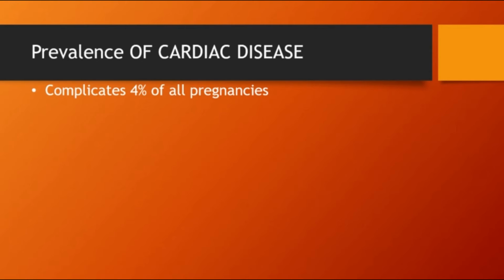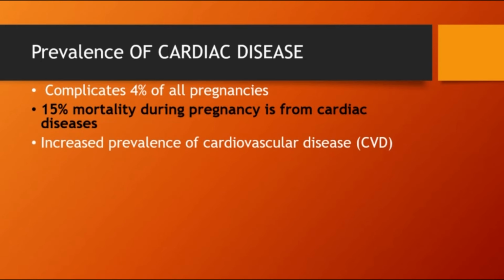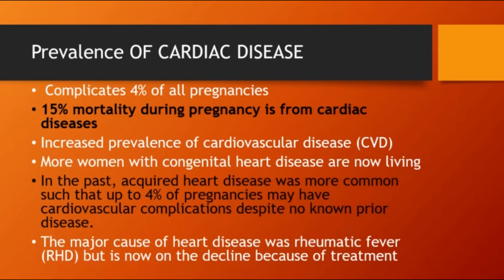There is currently a 15% mortality during pregnancies for cardiac diseases, which is less than before. This increased prevalence of cardiovascular disease has been found in women of childbearing age because of the increased survival of patients with heart disease.